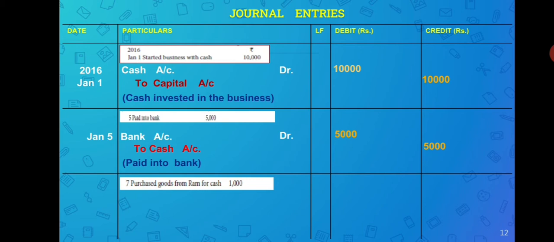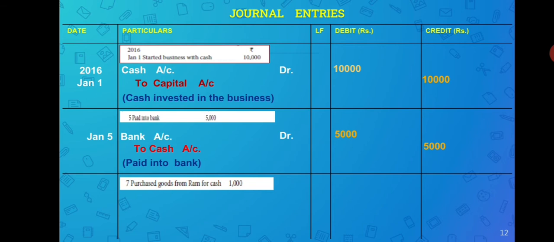January 7th purchase goods from Ram for cash, that is 1,000 rupees. So here the word purchase is given and you are purchasing goods for cash. Person name is given, Ram is given and cash also is given. But you purchase something and you are giving cash. So you have to identify the two accounts.